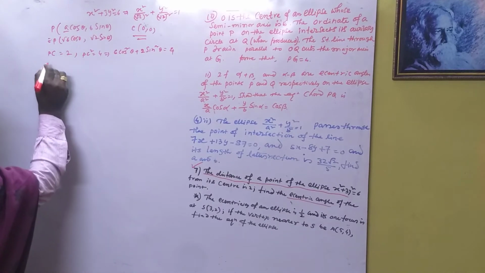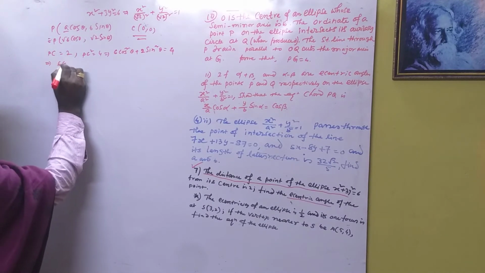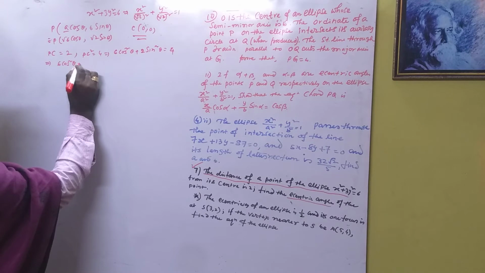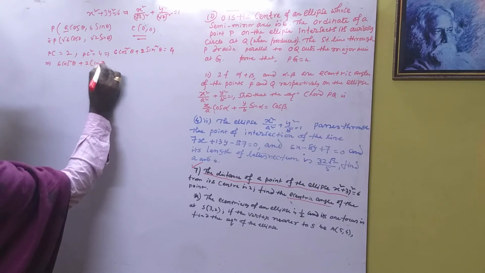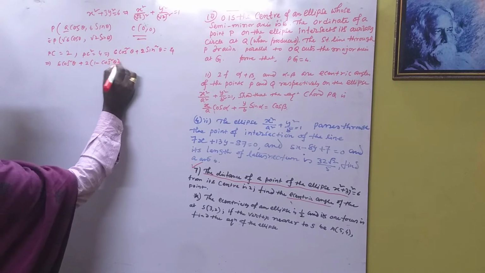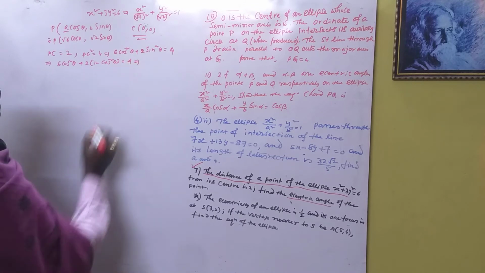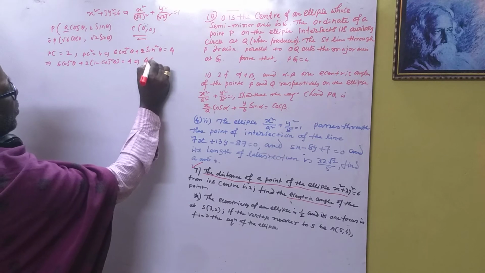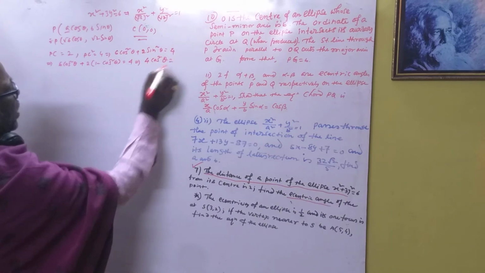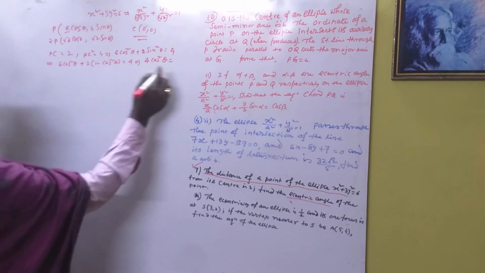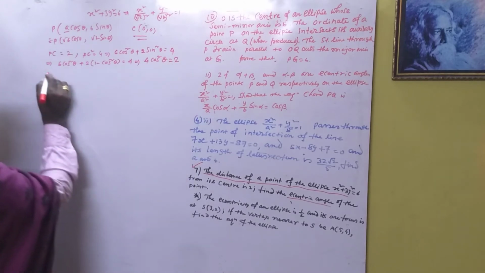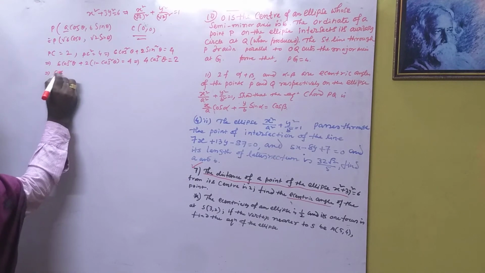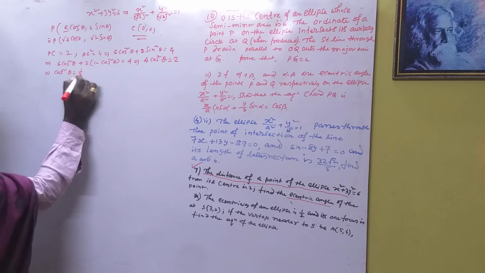Now see here, 6 cos square theta plus 2 into 1 minus cos square theta is equal to 4. Simplifying this, we get 4 cos square theta is equal to 4 minus 2, that is 2. Therefore cos square theta is equal to half.